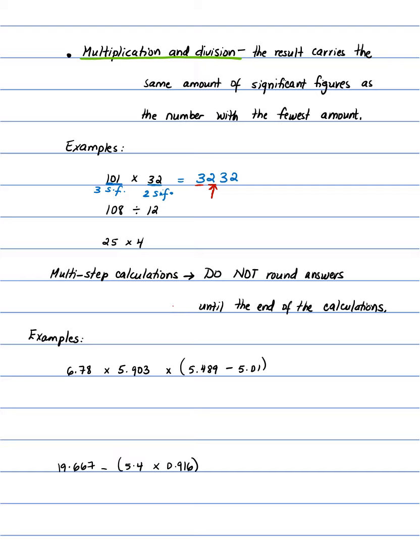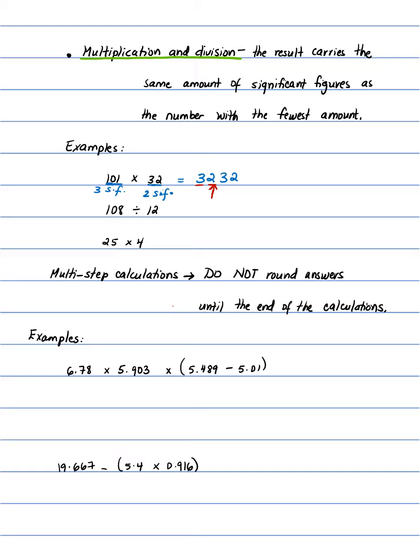Your final answer is not 32. You cannot drop the last two digits to get your final answer because the number is 3,232.